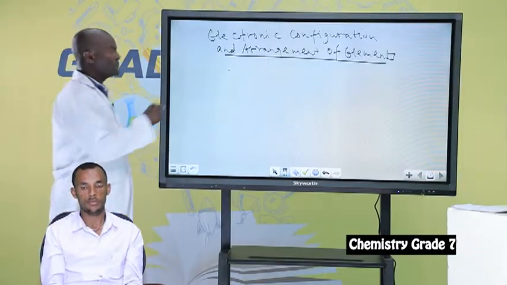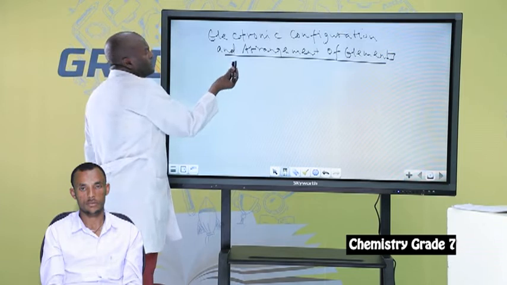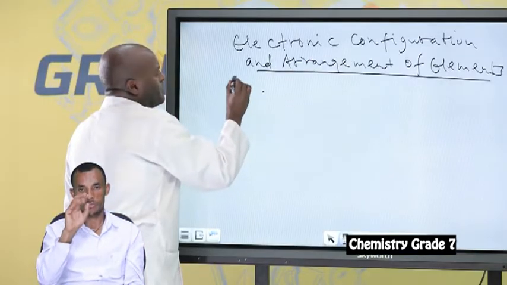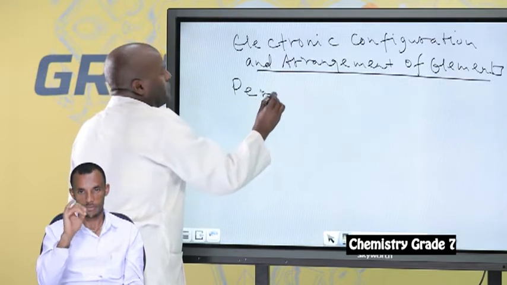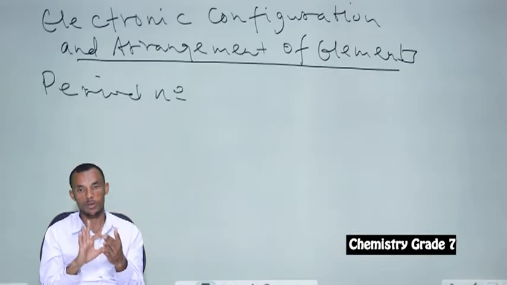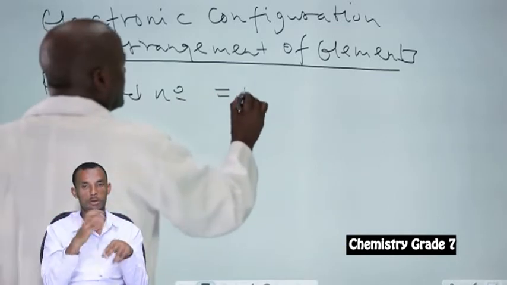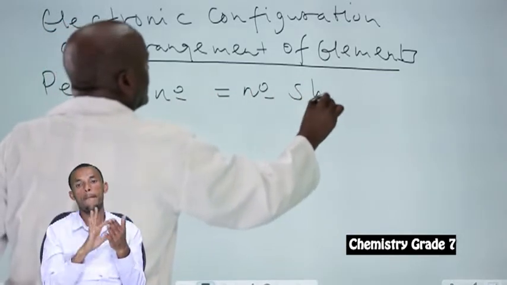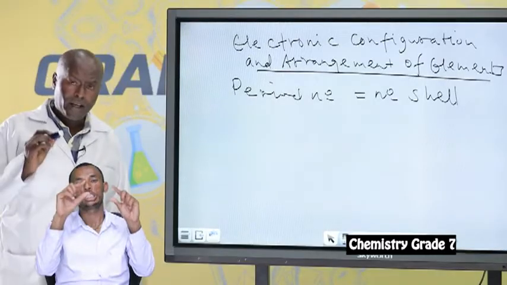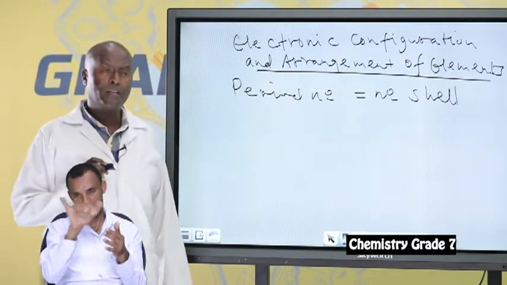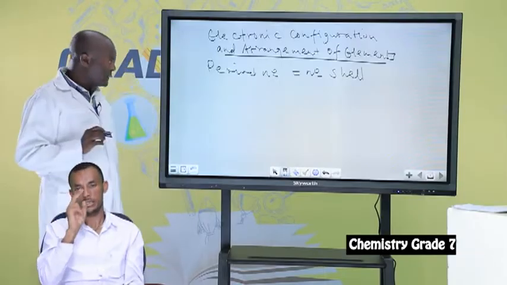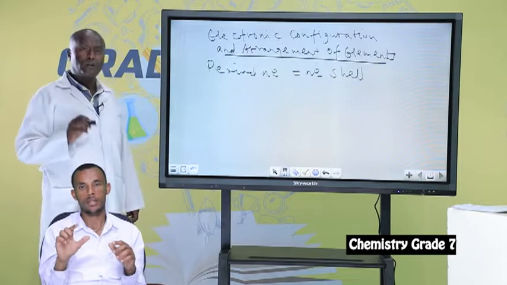Period number is equal to the number of shells. Elements in the same period have the same number of shells.